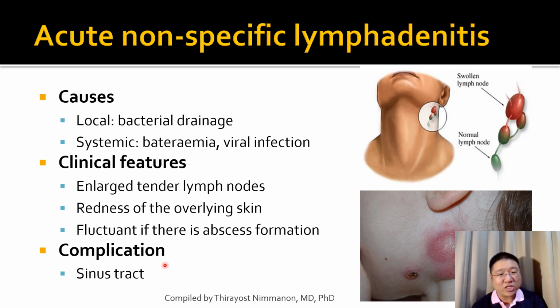Complications include drainage of the abscess if the infection is severe and affects the lymph node also. We may be able to see an abscess within the lymph node, and the pus may drain to the skin, so we may see a sinus tract.